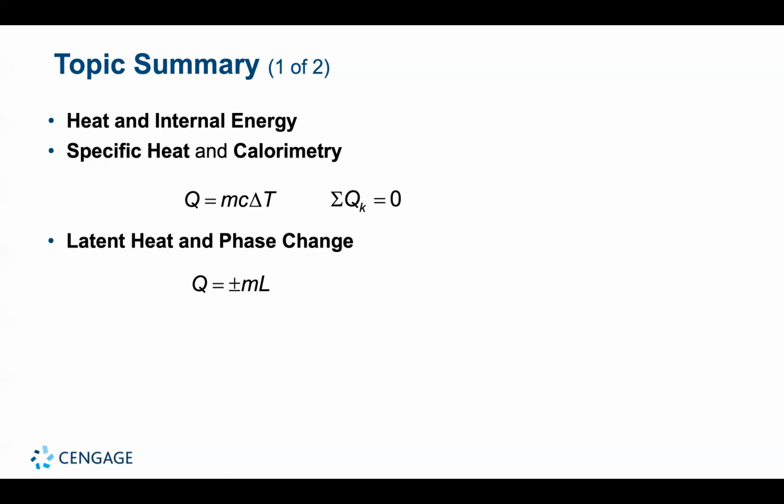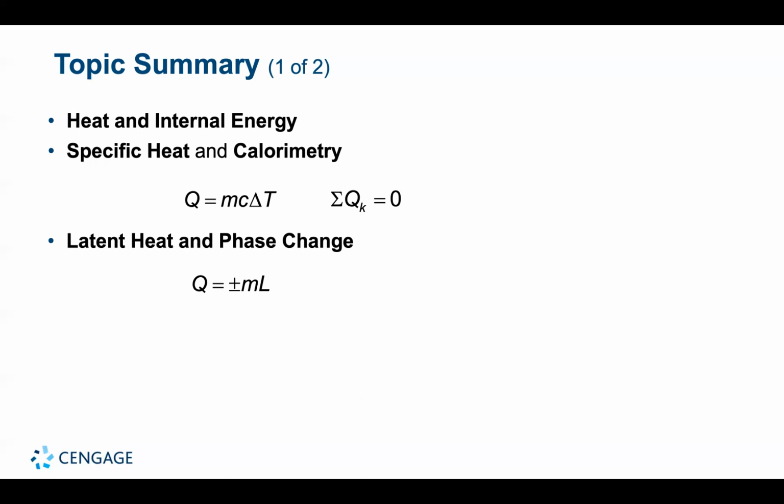In calorimetry problems, the specific heat of a substance can be determined by placing it in water of known temperature, isolating the system, and measuring the temperature at equilibrium. The sum of all energy gains and losses for all objects in an isolated system is given by the equation shown, where Q sub K is the energy change in the kth object in the system. This equation can be solved for the unknowns specified here or used to determine an equilibrium temperature.